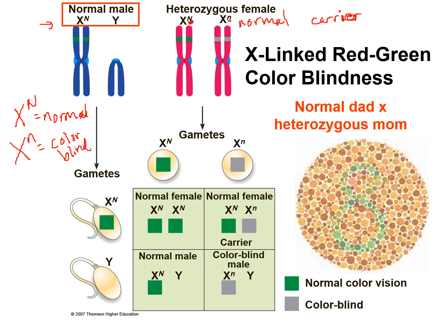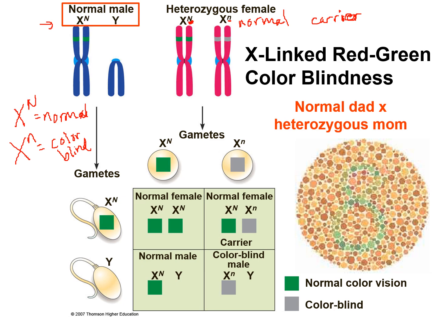Okay, so with our possible gametes, for the father, we're just going to segregate the XN and the Y. So half the sperm will have X big N, and the other half of the sperm will have Y. And then for the eggs from mom, half the eggs will have X big N, and the other half will have X little n. And then when we do our Punnett square, we'll have a normal female with X, X, and 2 big N's.